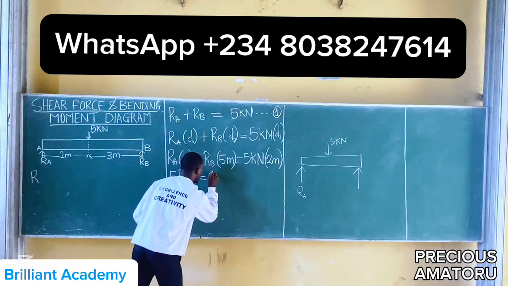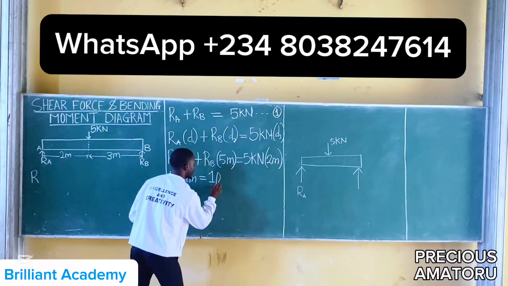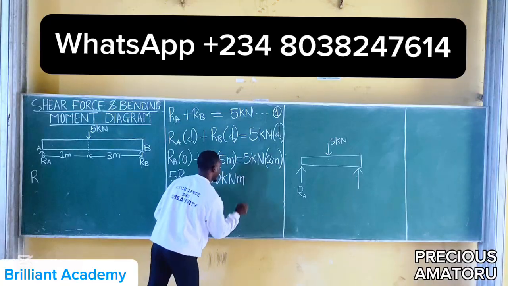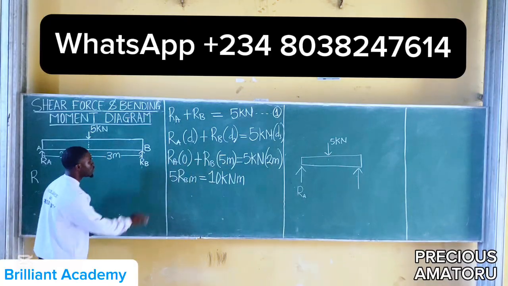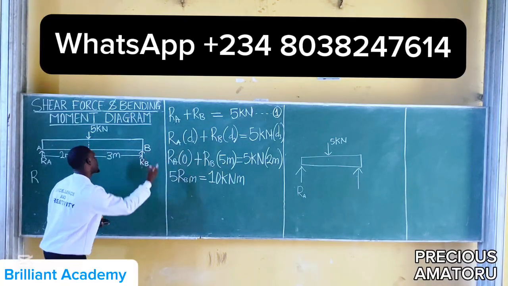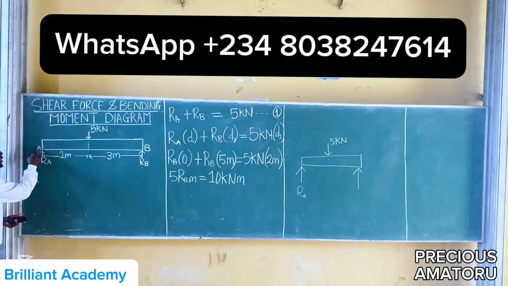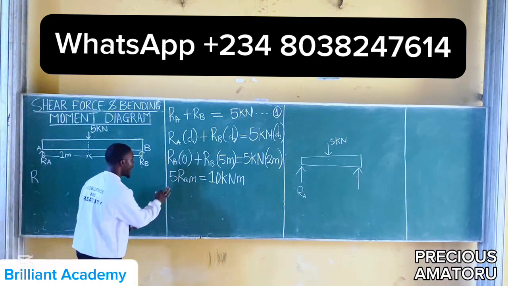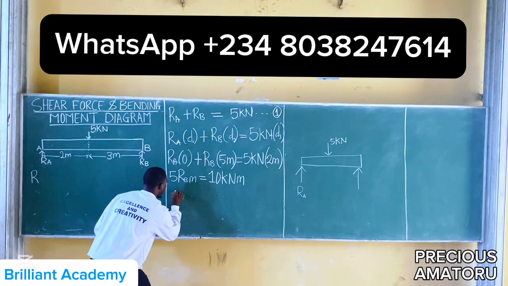So we have 10 kilonewton meter. So RA is out because we took the moment such that the distance for RA is going to be 0 and it's going to cancel out, remaining RB.